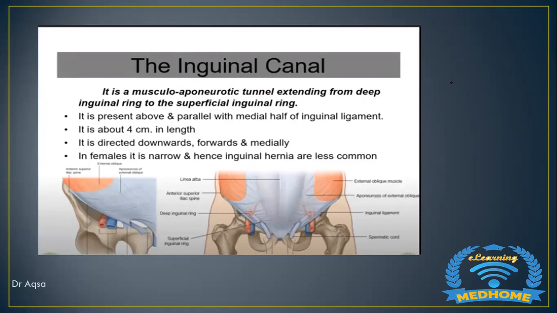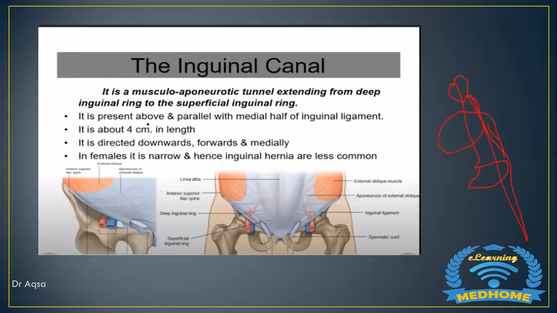The distance in between both of them is called the inguinal canal. So this whole space is known as the inguinal canal. Above is the deep inguinal ring and below is the superficial inguinal ring.